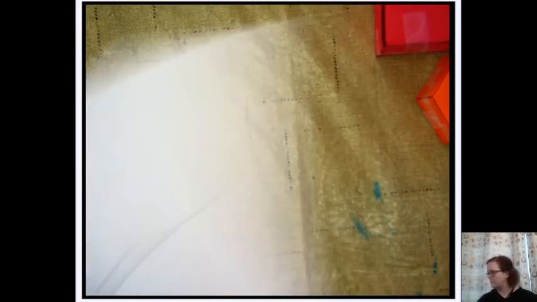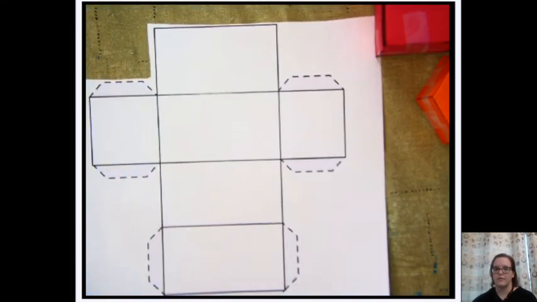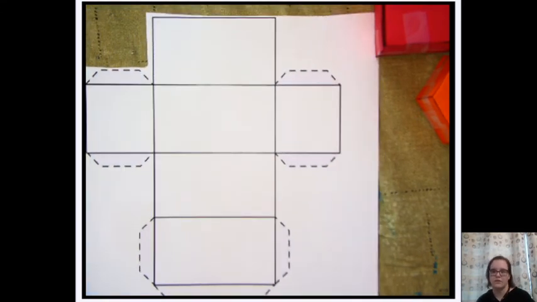Okay, so what do we have here? Okay, well, it looks like we have 2 squares and 4 rectangles. And so you do have 2 separate shapes. I know this isn't a cone or a sphere. I also know it's not a pyramid because there's no triangles. Okay, this also cannot be a platonic solid because platonic solids have to have all congruent shapes. Okay, so this leaves a prism. And so what kind of prism do we have? Well, that's where we go look for the 2 identical shapes.